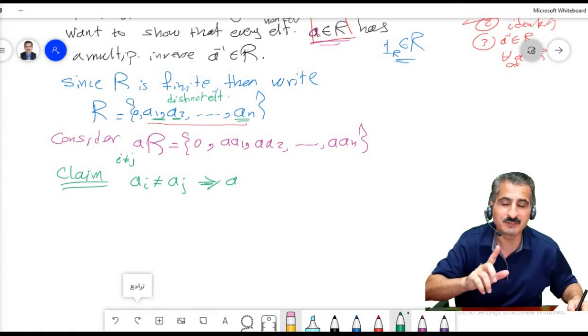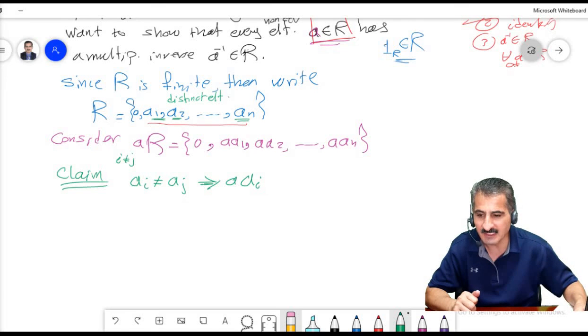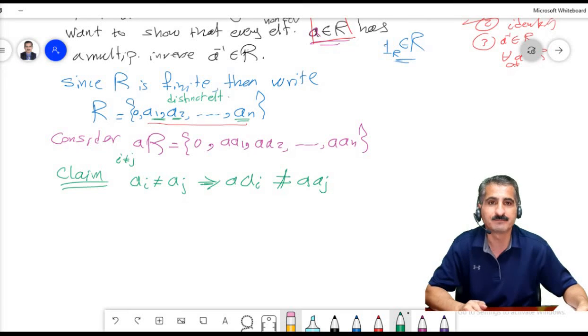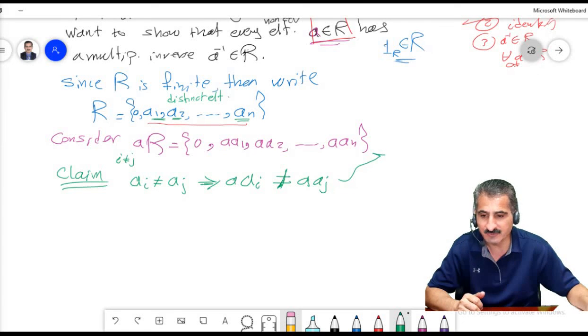So I multiply A with each one of them, and I claim that after multiplication we still have non-equality. We will make use of that.